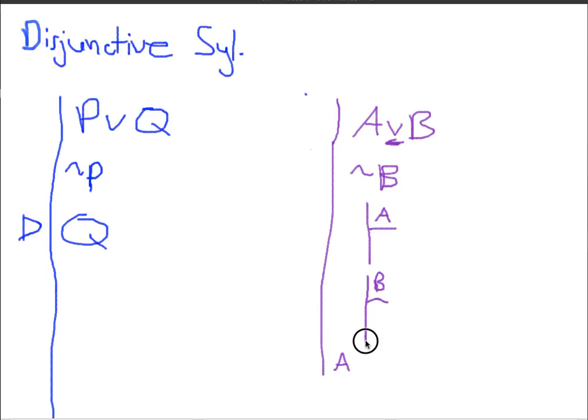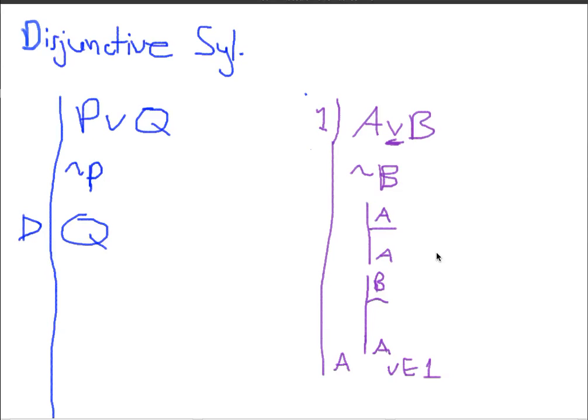So we want to get disjunction elimination, citing 1, and then these two subderivations, which we don't yet have numbers for. In the first case, our goal is to get A, and in our second case, our goal is to get A.